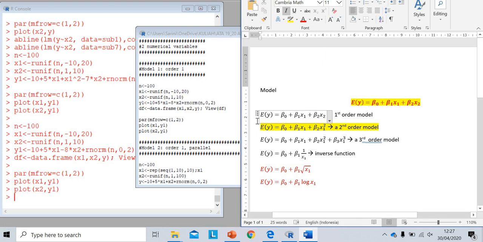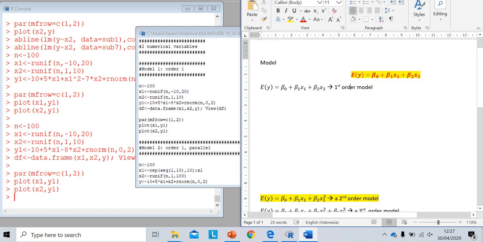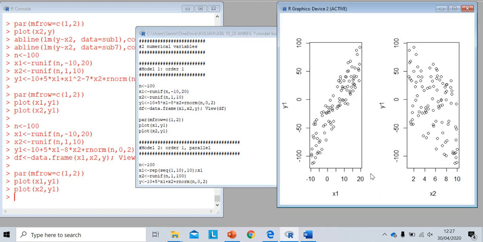Here, x1 seems to explain y better than x2, so probably x1 will be much more significant compared to x2 if you run the model.